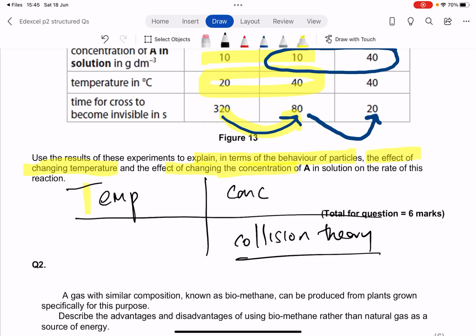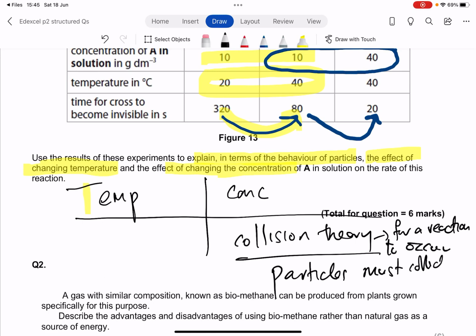Collision theory states that for a reaction to occur, particles must collide, and with sufficient energy. That's a very important point, and we call this sufficient energy EA, which is activation energy.